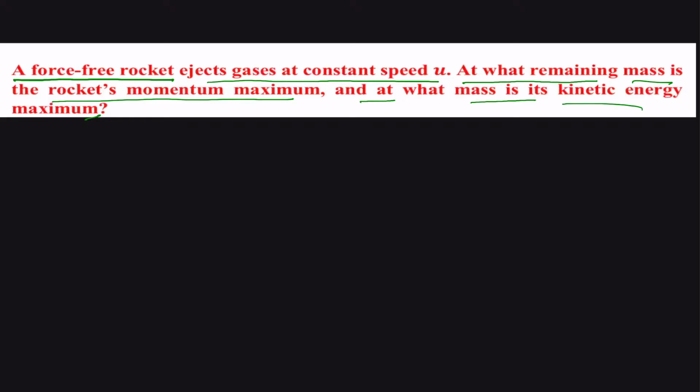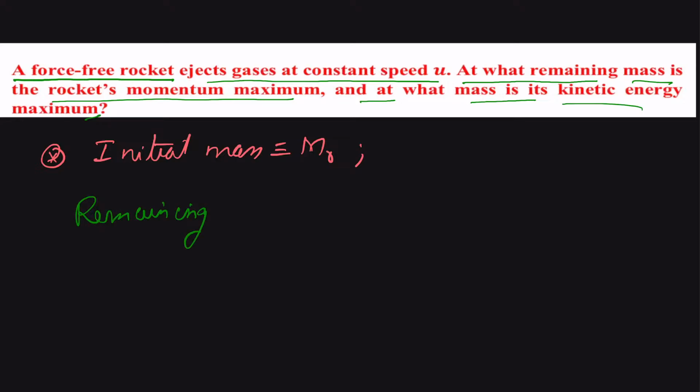We can say that the initial mass is suppose m0, and the remaining mass after some time is suppose our capital M, and the speed of the exhaust gases is given to us.